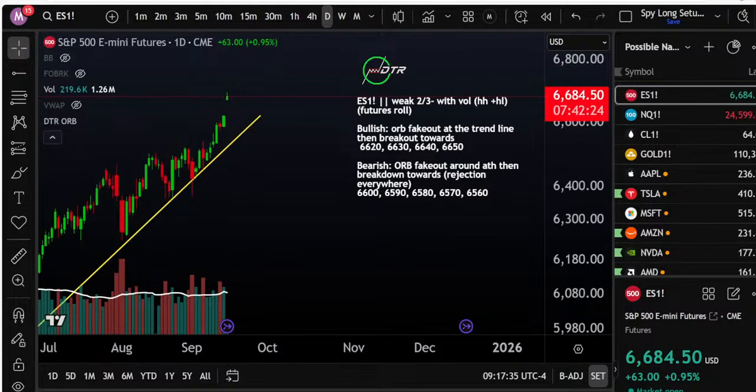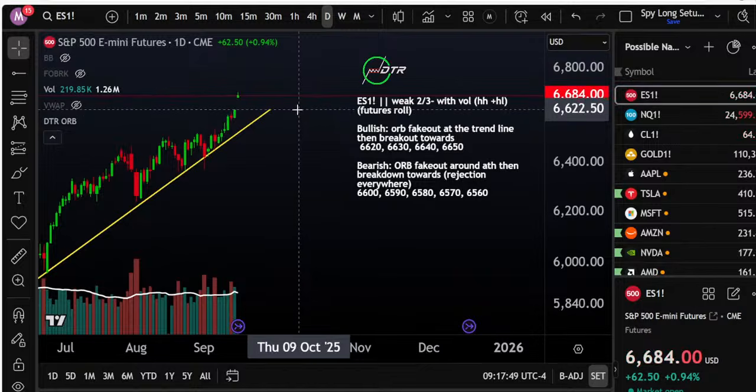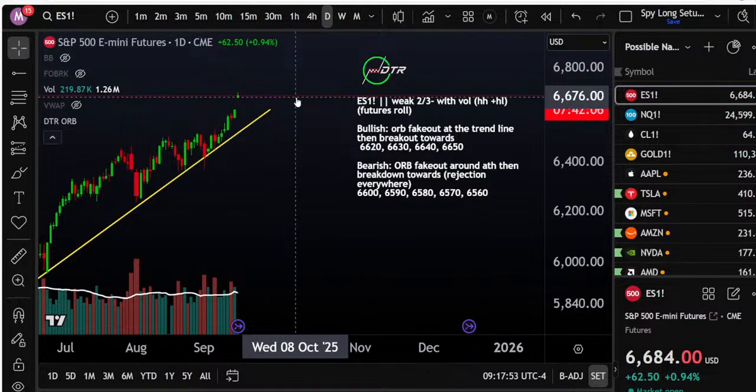The primary thing for us to talk about here is obviously the futures roll and what appears to be a pretty massive gap up. This gapping up tells us that the futures roll has occurred. This is the spread between the previous contract, the September contract, and now the December contract.